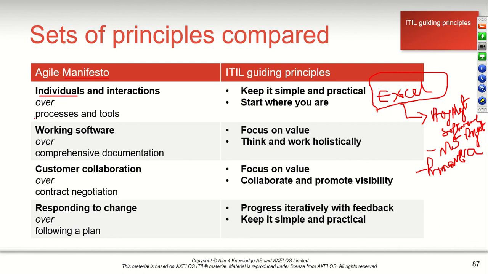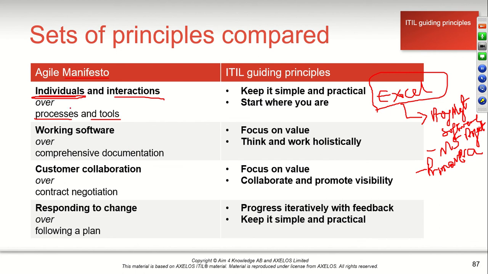It's not saying don't use processes, don't use tools, but that you should lay emphasis on interaction and the individuals that are available to be part of the projects or the improvement activity. The next one says working software over comprehensive documentation.